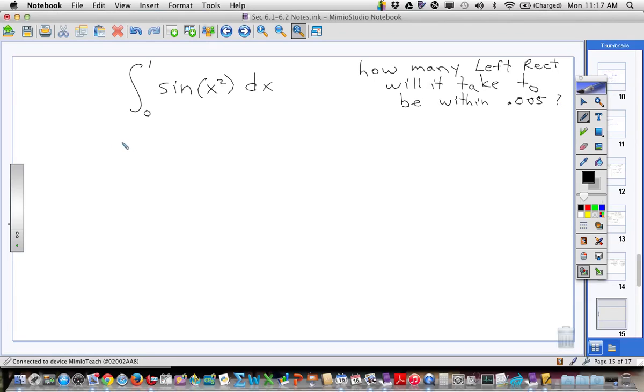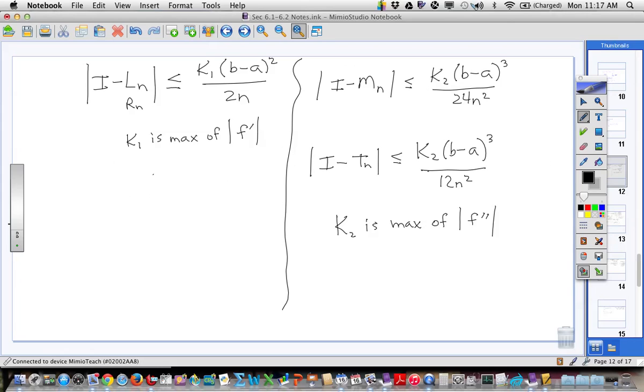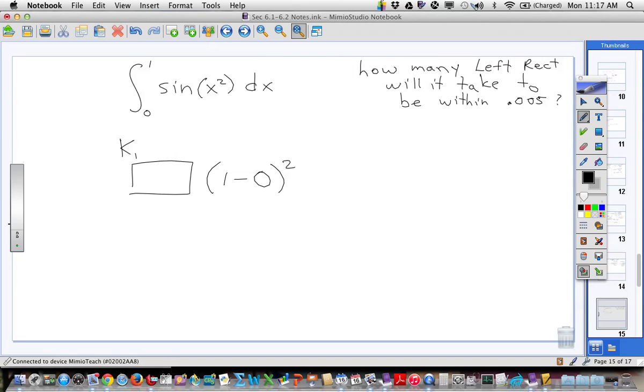Well, we simply take our formula, which would be K1, which of course is my box, and then it's going to be 1 minus 0 squared. Now we're talking about left rectangles, right? So I'm using my left formula. I'm using this one. Okay? How many lefts do I need? And then what goes on the bottom here? 2n.